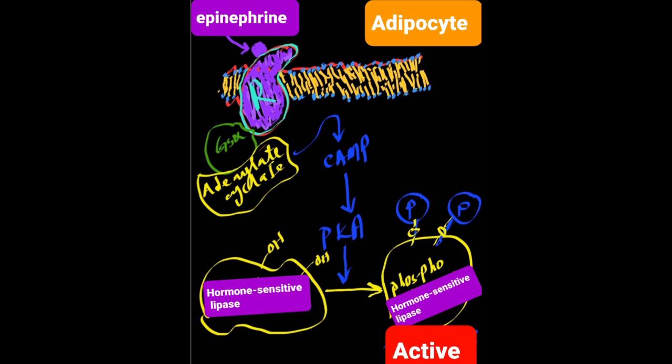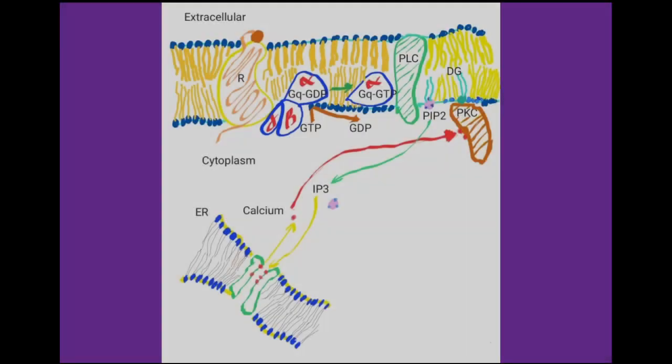The second type of intracellular lipases are phospholipases, and there are two general types of phospholipases that are very important inside the cell. Those are phospholipase C and phospholipase A2.